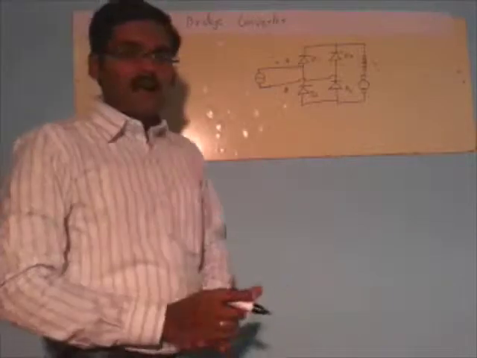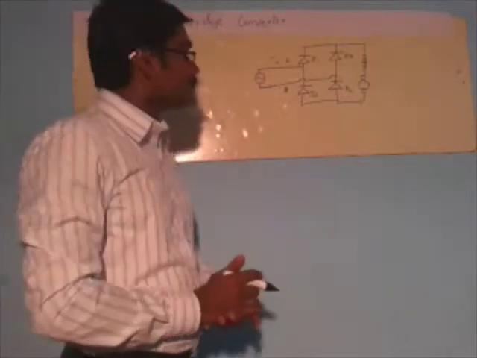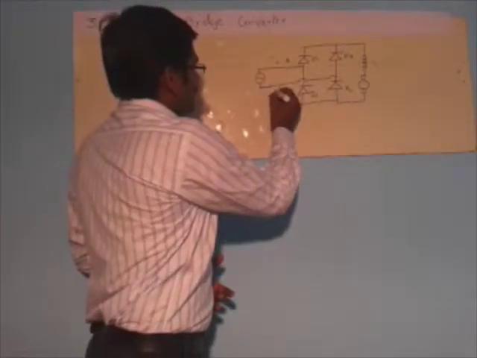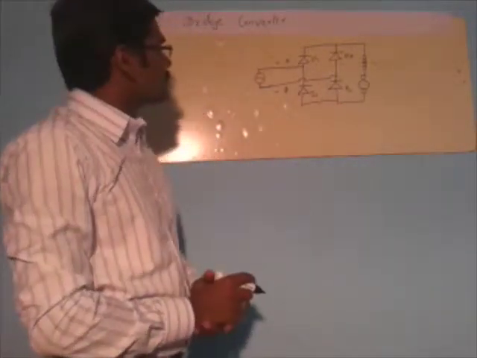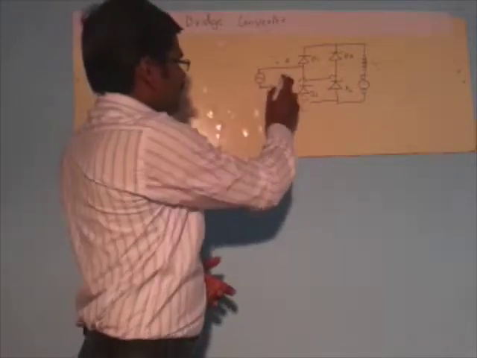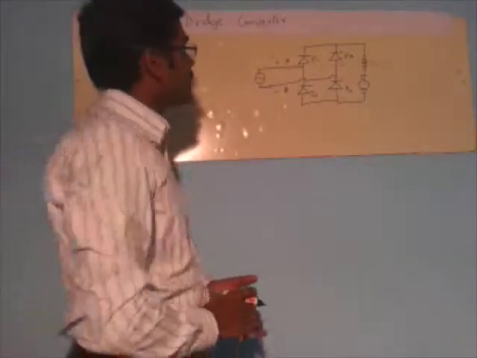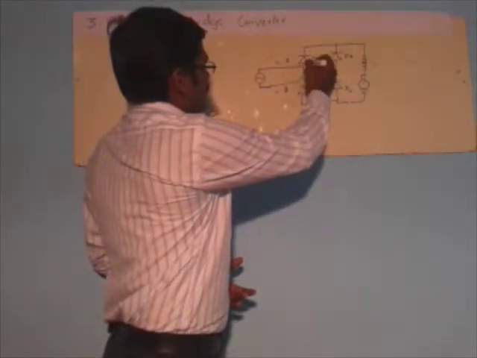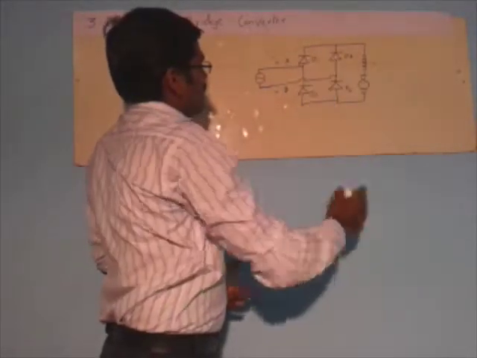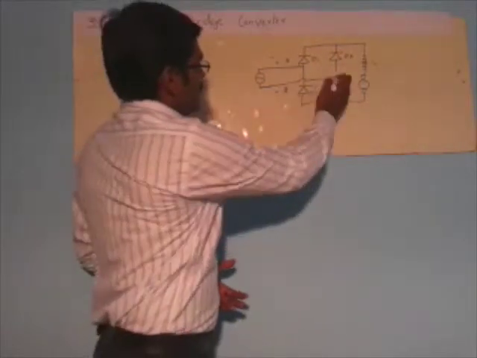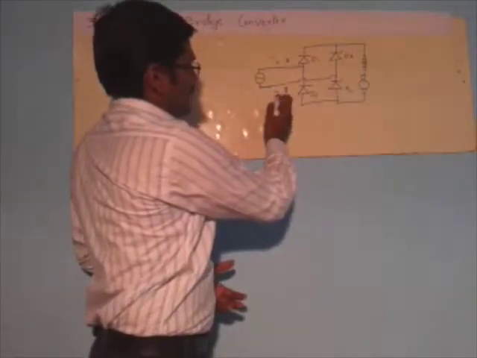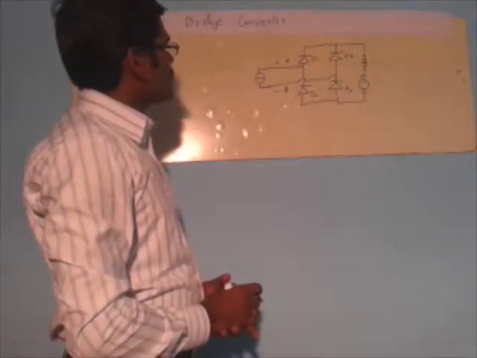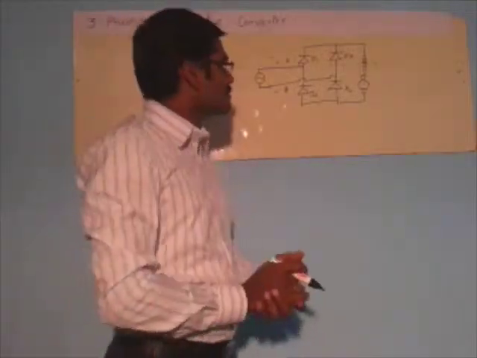During the positive half cycle of the input wave, we assume A is positive and B is negative. Then diode D1 will be forward biased, and since B is negative, D2 also. That is mode 1 operation.